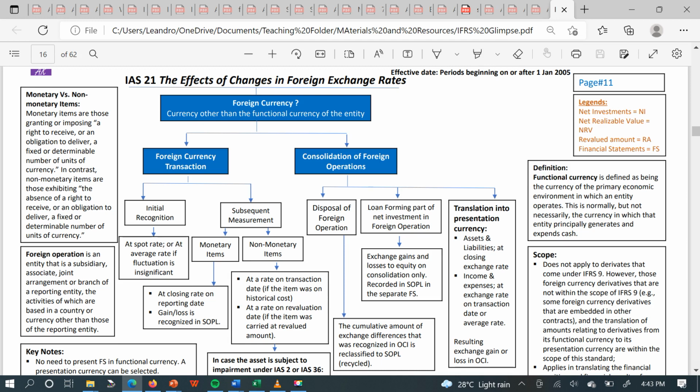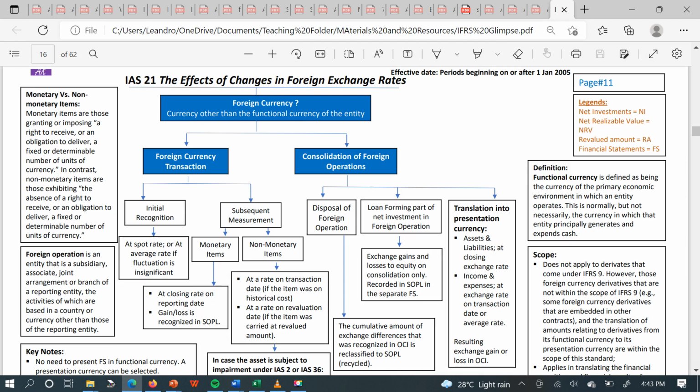It's about adding parent entity financial statement and subsidiary financial statement. Are you going to add the Ghana cedi assets to CFA assets? The answer is no. And therefore, you apply the provisions of IAS 21 to translate. So here we are talking about translating the financial statement into the presentation currency.